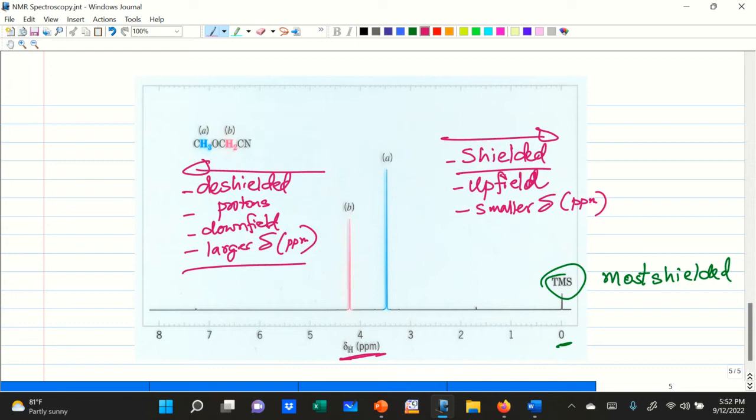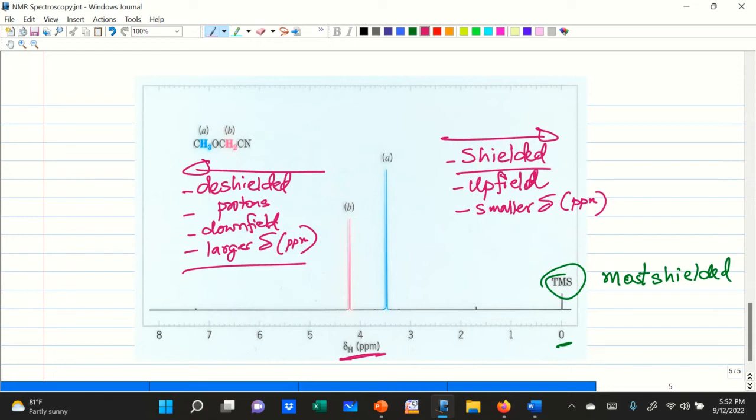Okay. So for example, in this spectrum that you see, it shows a molecule CH3O CH2CN. The CH2, the pink color protons that are between oxygen and CN group, are therefore more deshielded because they are pulled by those two electronegative groups, and that's why that absorbs downfield.